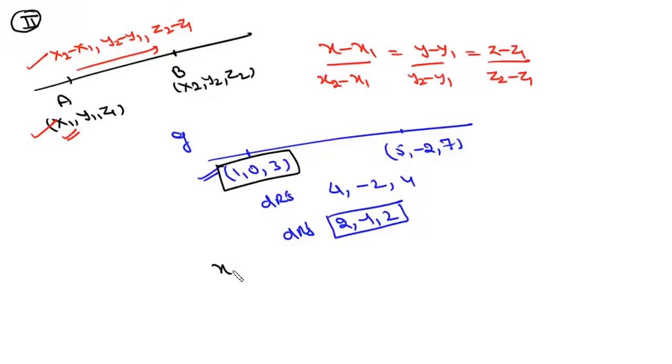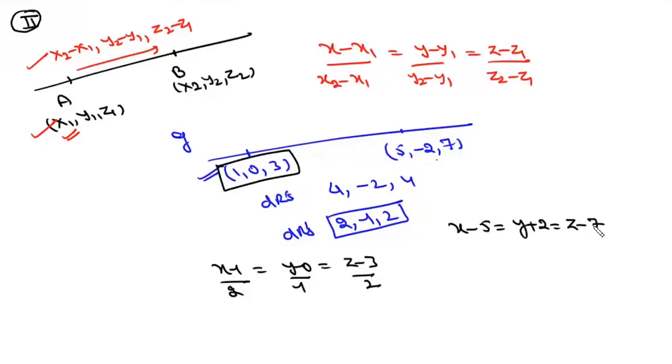So this equation will be x minus 1, y minus 0, z minus 3 upon 2, minus 1, and 2. If we choose the other point, we can write this equation as x minus 5, y plus 2, z minus 7 upon 2, minus 1, and 2.